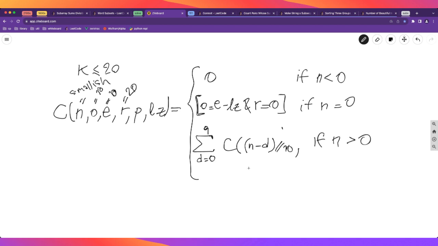Then we need to update the odd, so we want to add the parity of d to all the odd digits that we already counted, and then the same for the even, but it's the opposite, so we subtract it from 1.